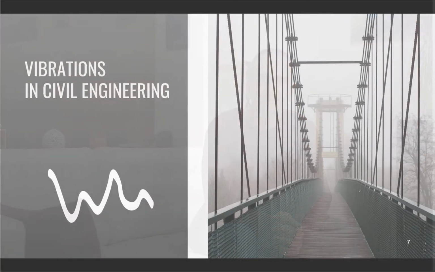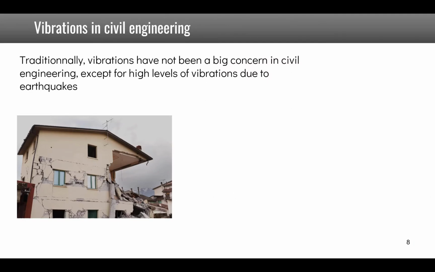Now let's have a look at some examples of civil engineering structures where vibration problems can be important. Traditionally, vibrations have not been a very big concern in civil engineering, except for very high levels of vibration due, for example, to earthquakes.